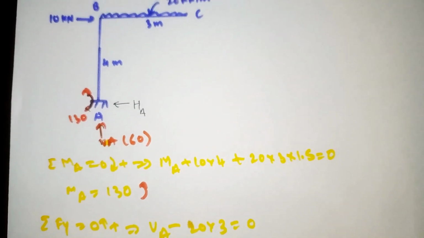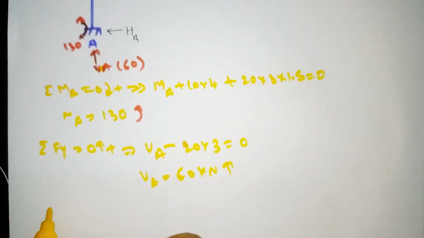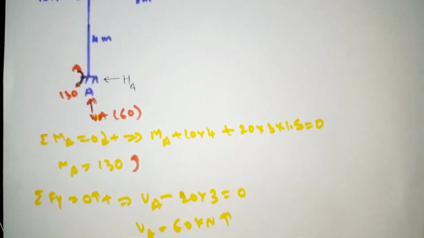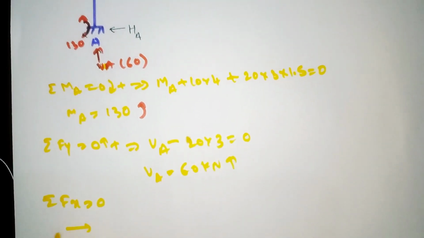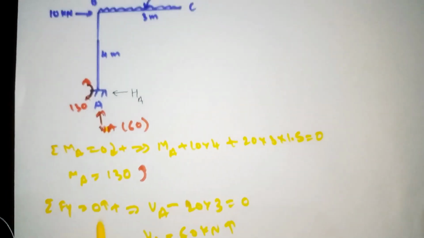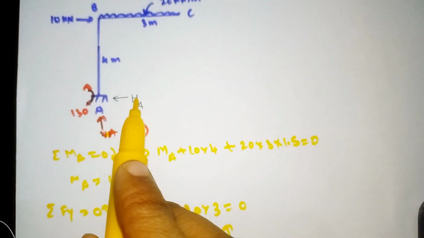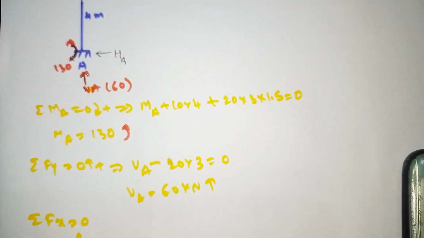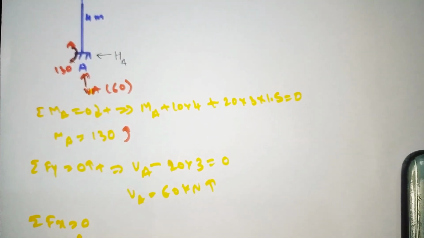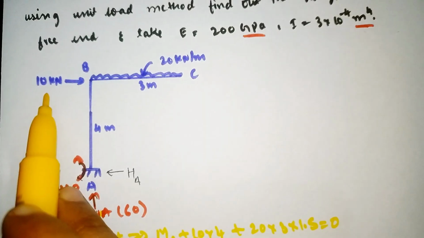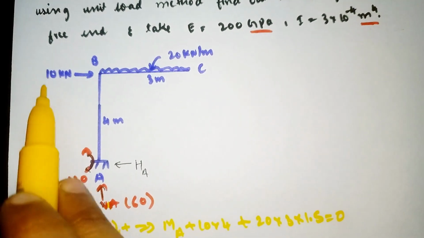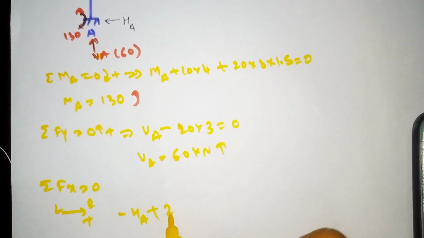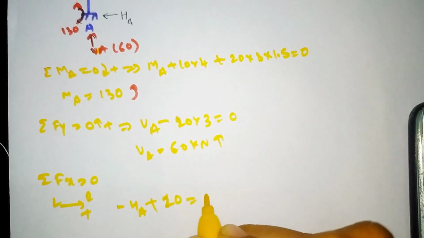Similarly for HA, summation of all the horizontal forces is equal to 0. Here we need to take right to left positive. It is moving right to left. Right to left means minus HA plus 10 kilonewton is moving left to right. Left to right means plus. So plus 10 is equal to 0.